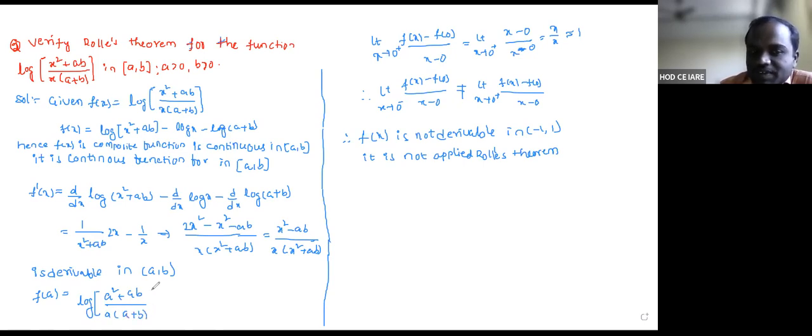So in the denominator we open the brackets, a square plus ab, and the numerator is also a square plus ab. So cancel, we get log 1.